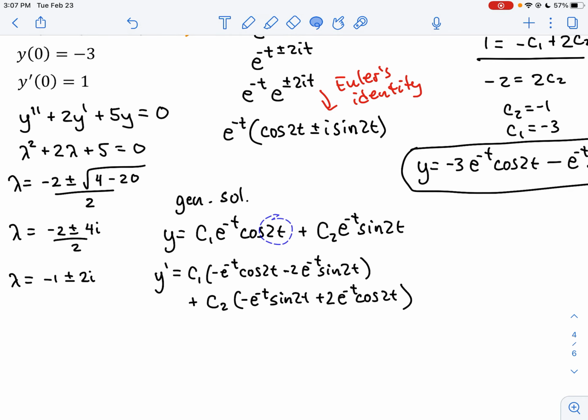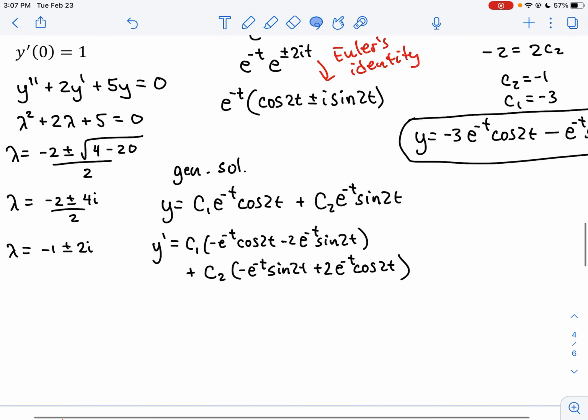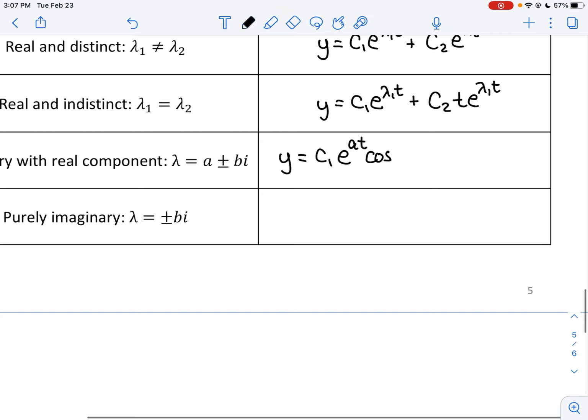So whatever the b is going to be a coefficient of the t's here and here. Okay, so that allows me to say cosine of bt, and then the second term will be c2 times e to the at, that's going to be the same, but then times sine of bt. And this is how we create our general solution.